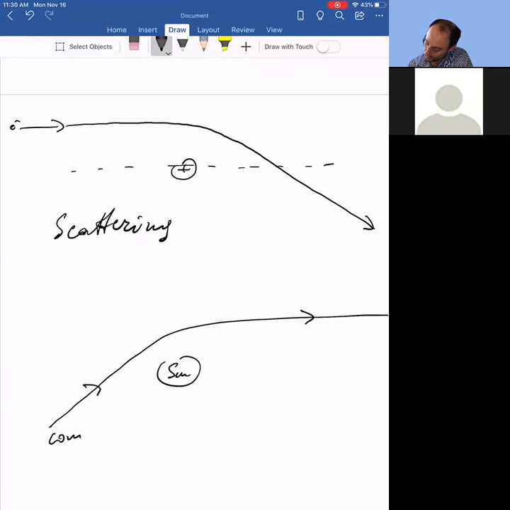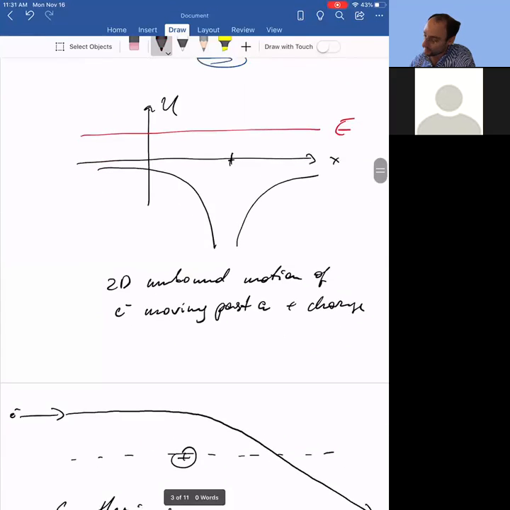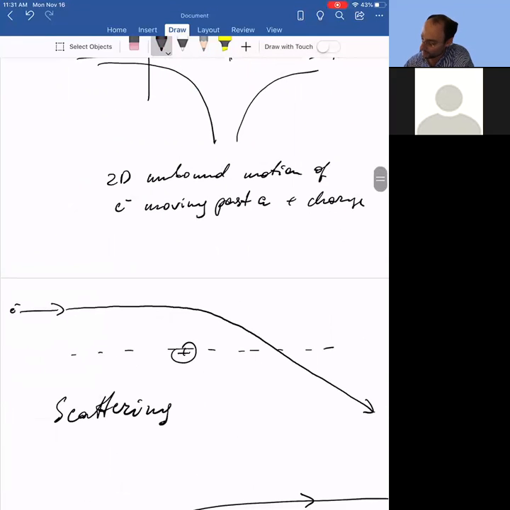So this is a stray comet. A comet that orbits the sun actually follows an elliptical trajectory, then it's bound. So this is just to be clear. So this is classical unbound motion.